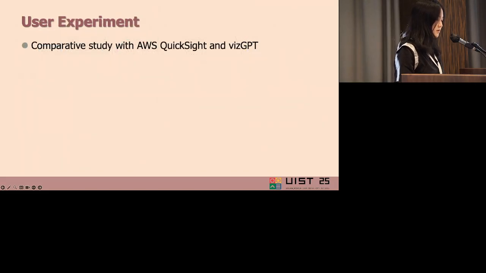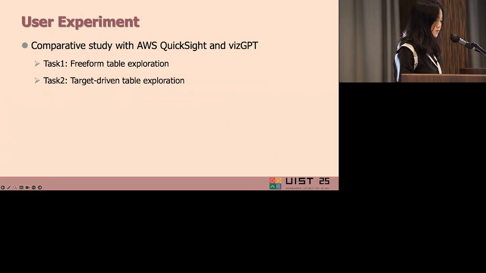For the user experiment, we recruited 18 participants and conducted a comparative study with AWS QuickSight and UIST. We designed two tasks. Task 1 for free-form exploration, where participants freely explored tables to build data stories. And task 2 for target-driven exploration, where they answered a specific question with the help of the assigned system.